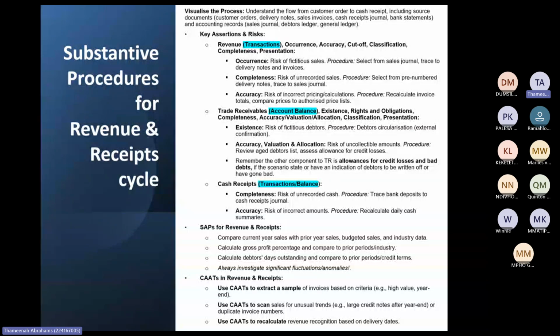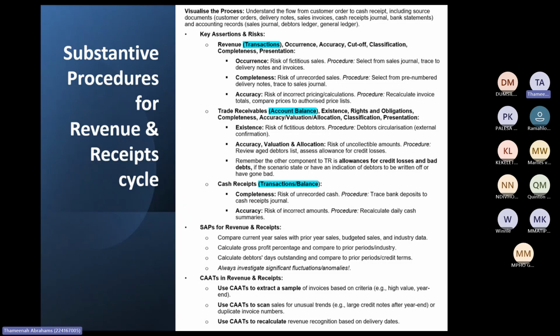Yes, so when we test cash and cash equivalents as a balance, we're testing from a balance point of view, meaning in the financial position under cash and cash equivalents. Say, for example, it says bank, Standard Bank, maybe your audit client has a Standard Bank account, and that balance in the financial position says it's 3 million rand. Where will you find the document for that 3 million rand?